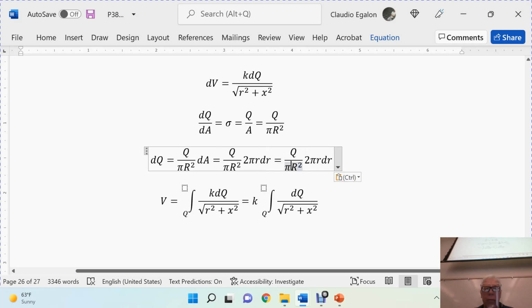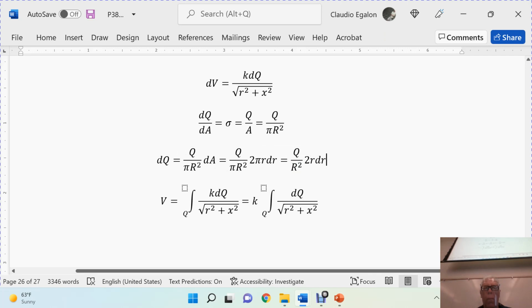The pi cancels out with the pi. And then we can substitute this dq right in here.